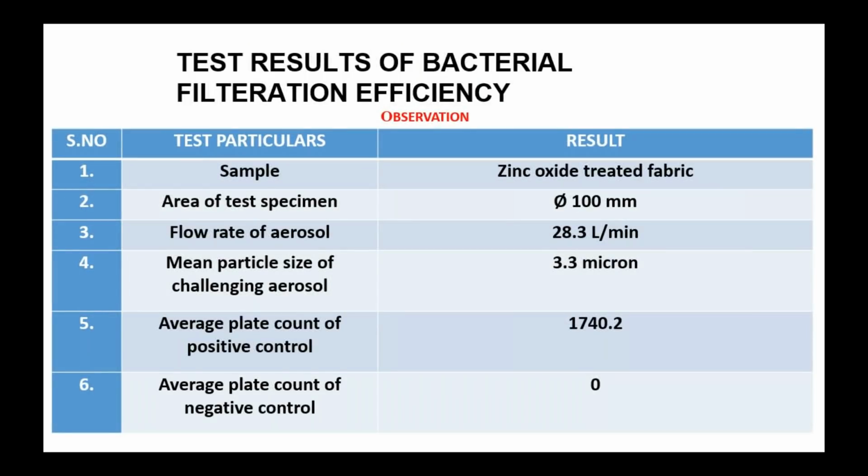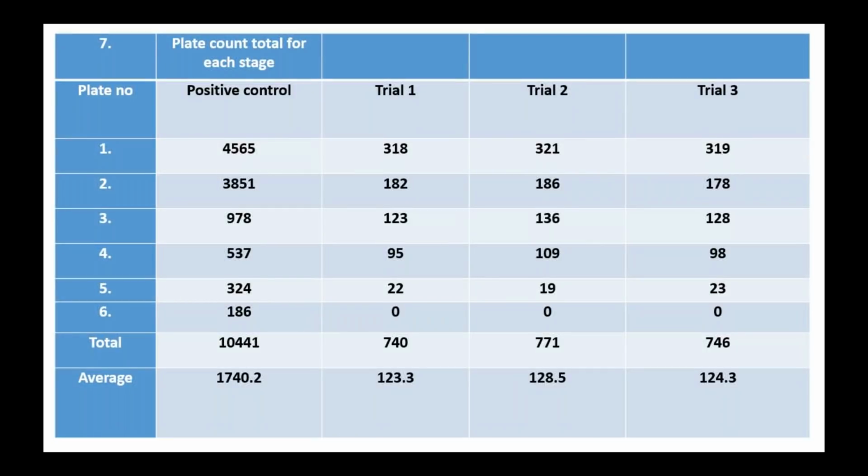And these are the test results of bacterial filtration efficiency. The flow rate of aerosol is around 28.3 liters per minute, and the mean particle size of the challenging aerosol is 3.3 micron. The average plate count of the positive control is 1740.2. I have taken 3 trials for positive control.